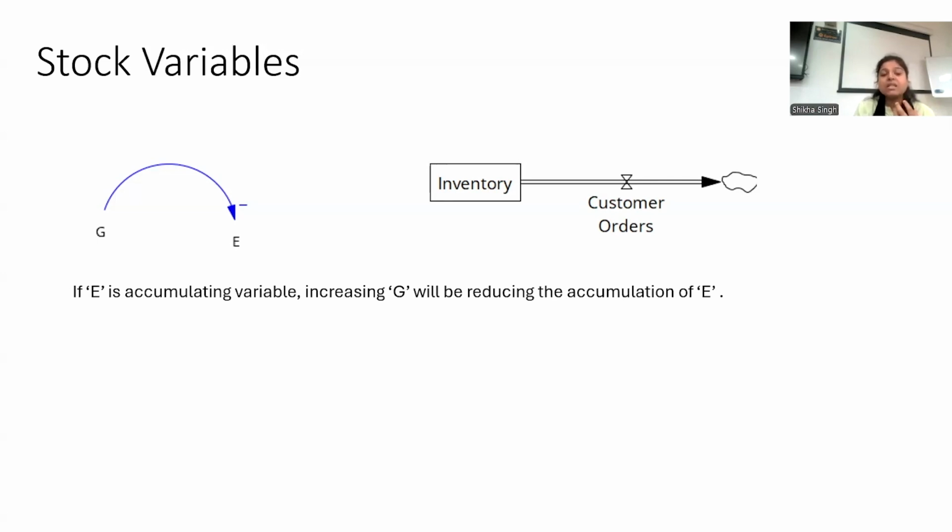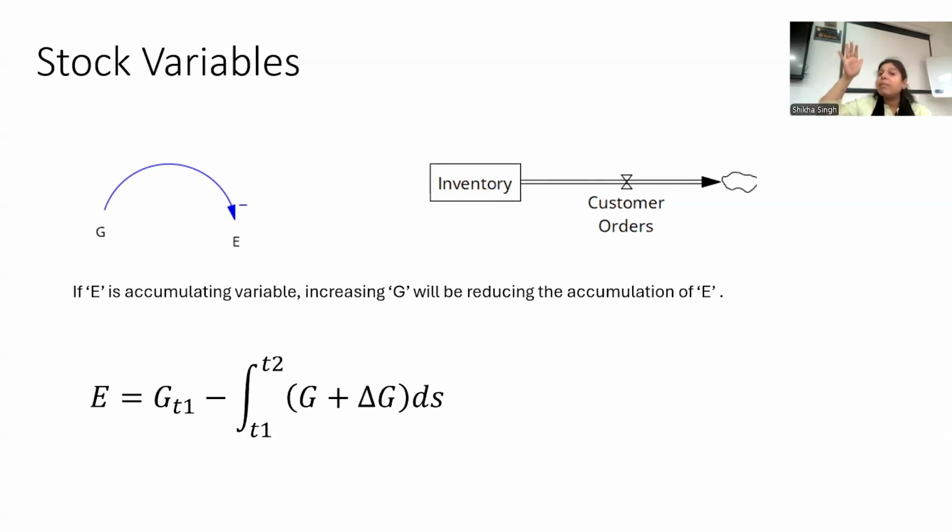So if E is the accumulating variable, increasing G will be reducing the accumulation of E. And when it is reducing, let us say the initial value of the stock variable was GT1, and as G increases, E will be decreasing, right?